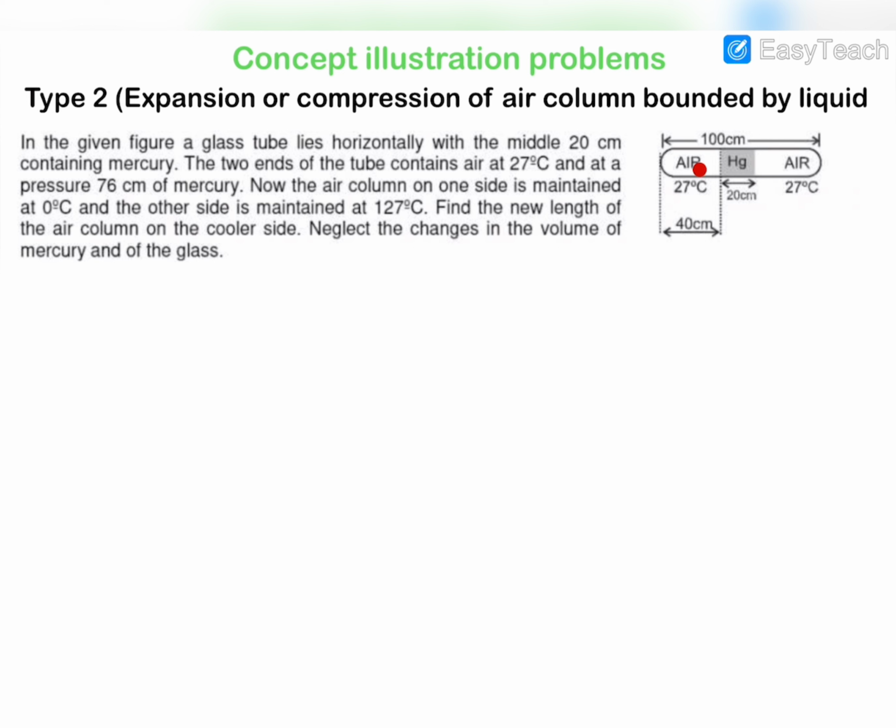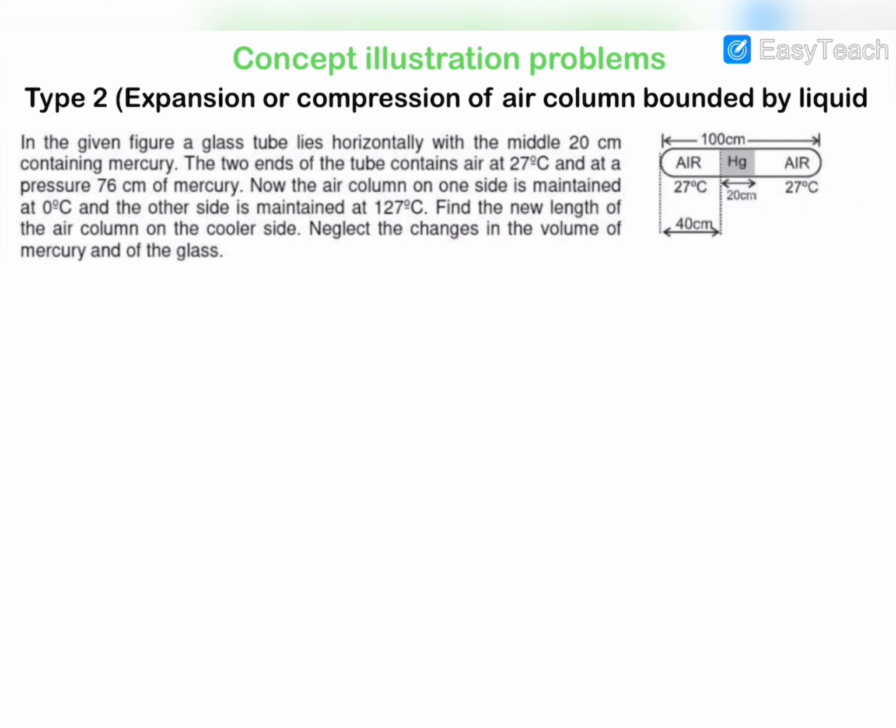The initial temperature of the air was 27 degrees Celsius on both sides, and at some time we change the temperature of the air on both sides: one side is maintained at 0 degrees Celsius and the other side at 127 degrees Celsius. So we have to find the final lengths of both air columns.